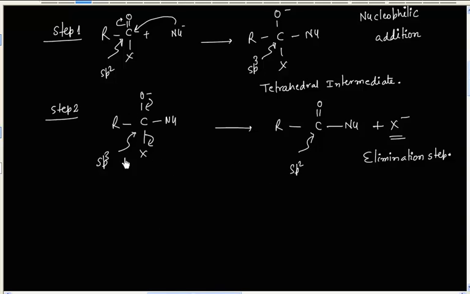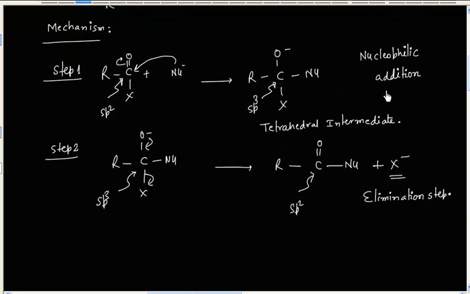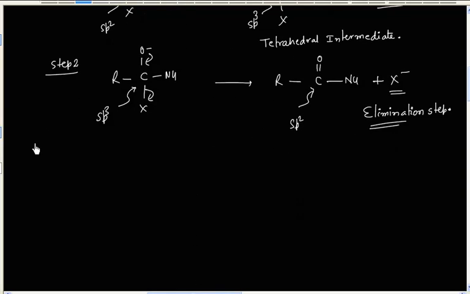So if you see, the whole mechanism is basically an addition elimination mechanism. So the first step is addition and the second step is elimination. So we can say the overall reaction is nucleophilic addition elimination.